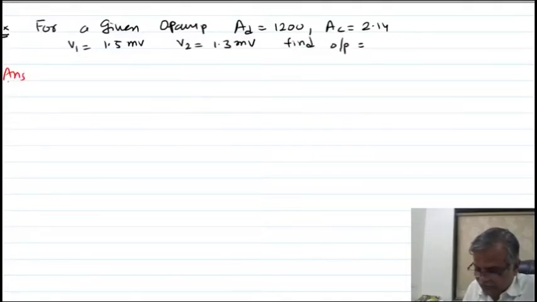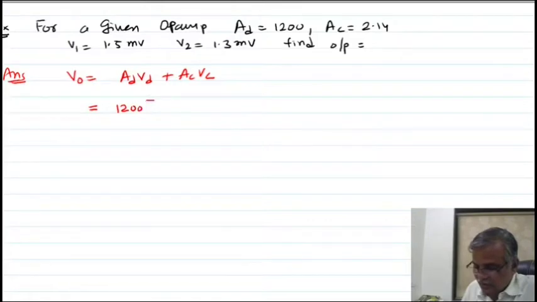Answer: we know that VO is ADVD plus ACVC. What is the differential gain? 1200. What is differential input? V1 minus V2, so 1.5 minus 1.3, 0.2 millivolt.